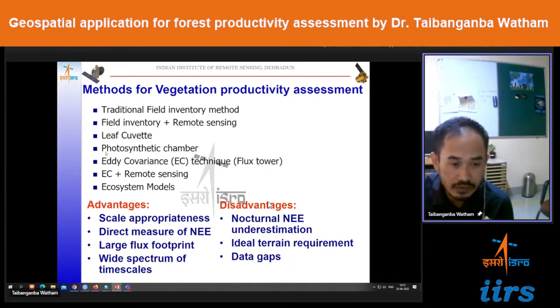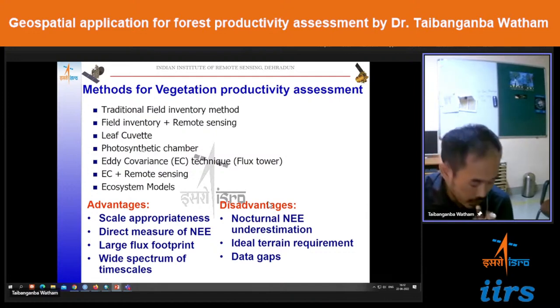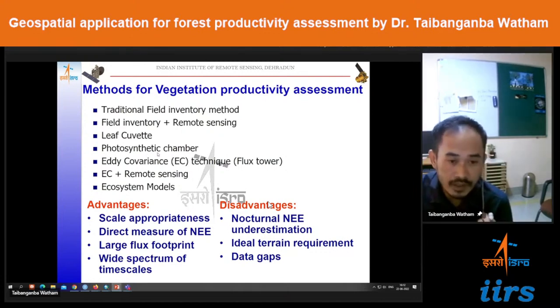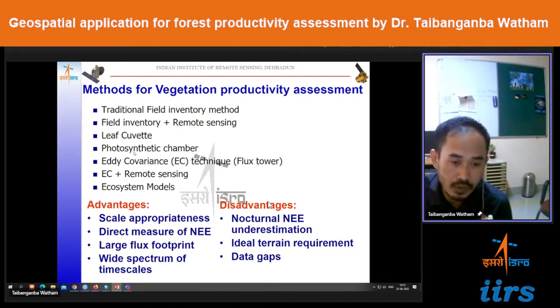Then the fourth one is the photosynthetic chamber. This is mostly used for productivity assessment in the lab or in experimental settings, for small vegetation, in which we put the whole vegetation or plants into a chamber and measure how much change in CO2 concentration is taking place.